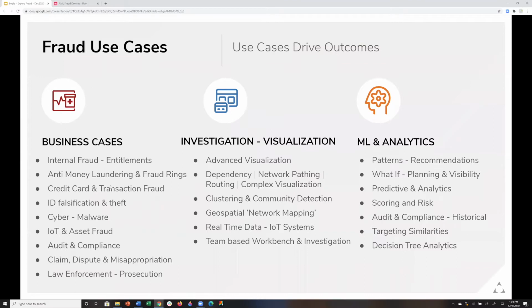Now, there are many different kinds of fraud, and that's what we see over on the left. So there's this constant categorization, if you will: internal fraud, whether it's a bad actor in our organization working with someone on the outside, or rings or anti-money laundering groups laundering through what look like good goods and services and then creating clean money.